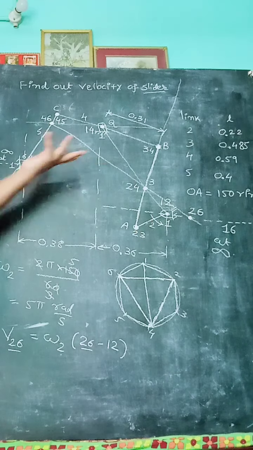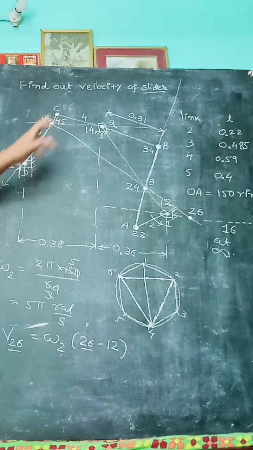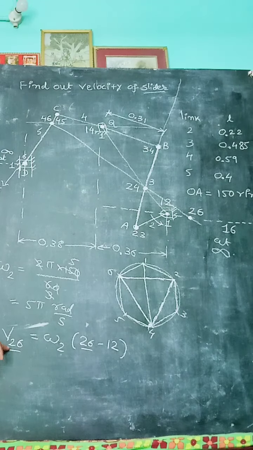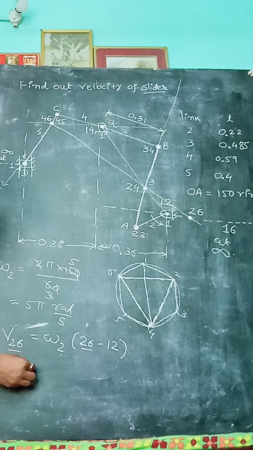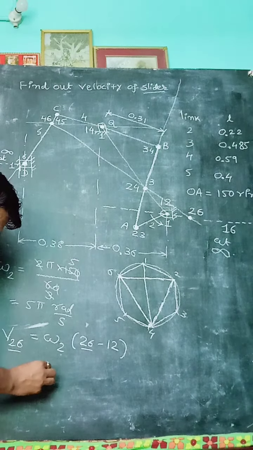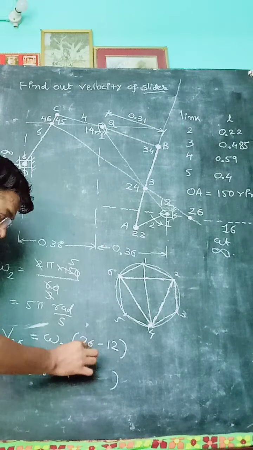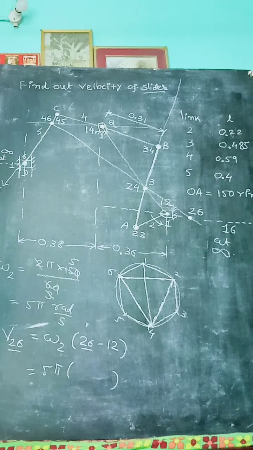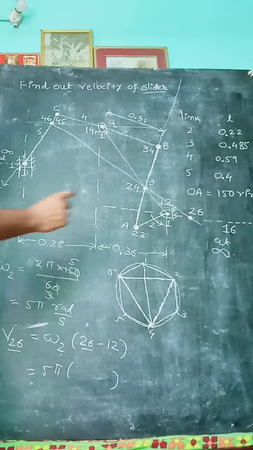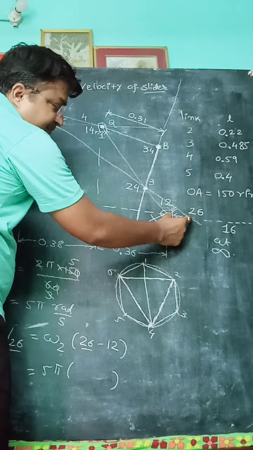Okay, so the angular velocity of 4 is given, then here it is 4 6. So this is the velocity of the slider, which is 5 pi into the difference. That means on your configuration diagram, measure this distance.